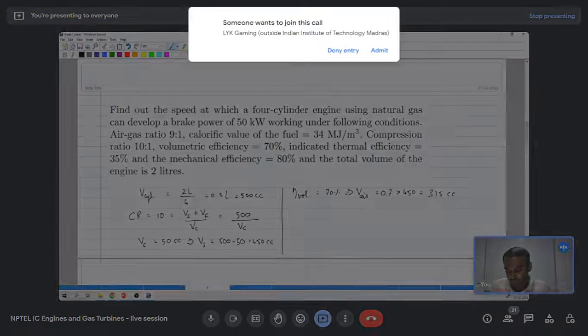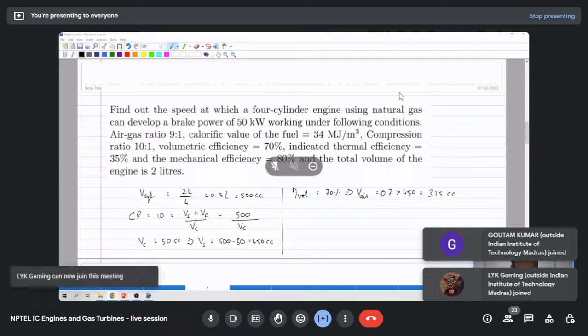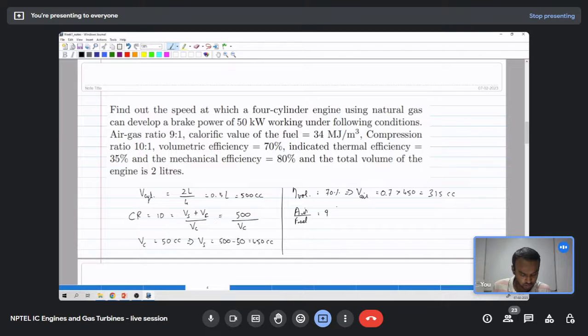Now we know air gas ratio, which is given as 9:1. So air by fuel equal to 9. So that means we have volume of fuel equal to volume of air by 9.